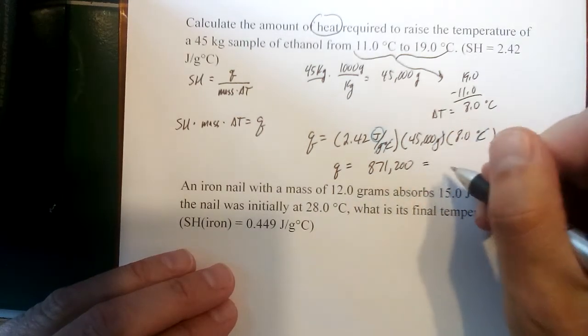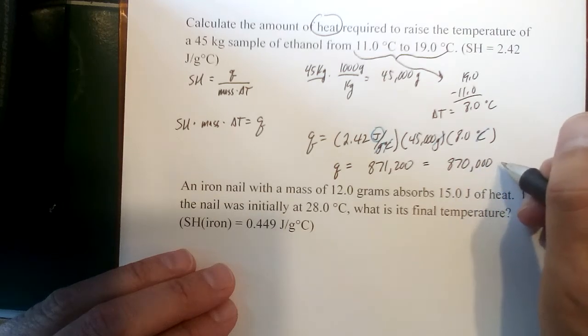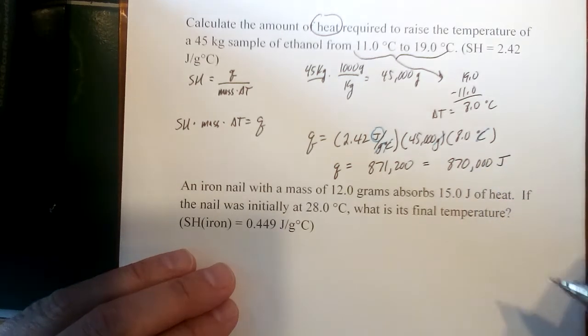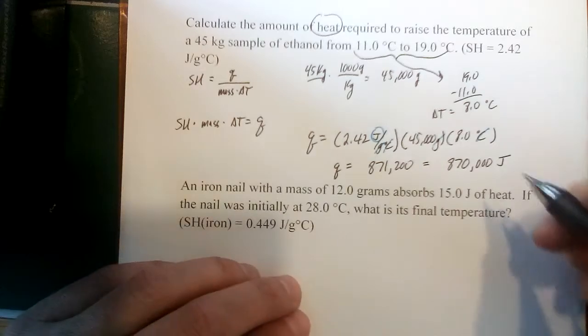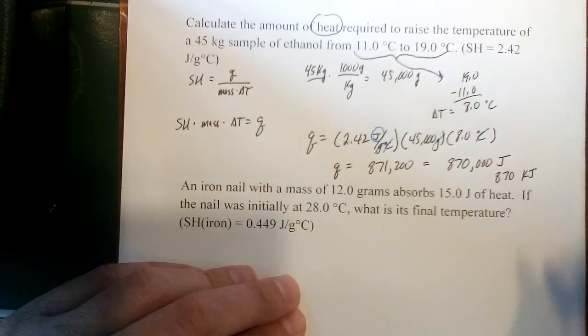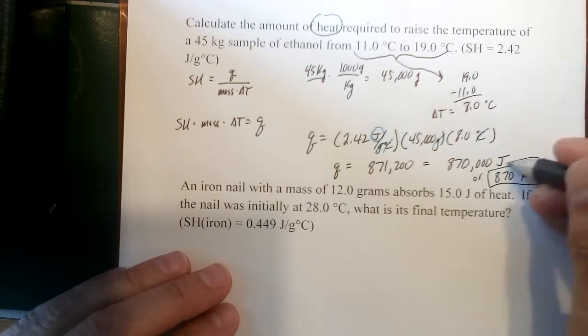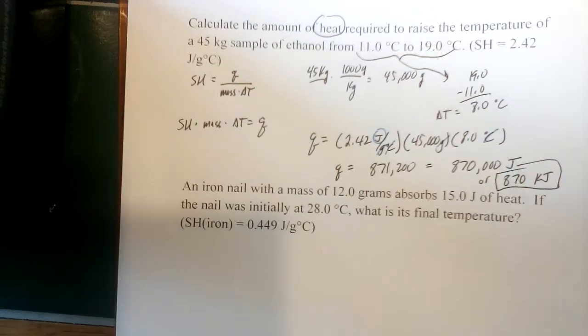So when I round this to the right number of significant figures, it would be 870,000 joules. Now, 870,000 is a big number, so it would be a little more common to refer to that as 870 kilojoules for our final answer there. Although it just says heat in this case, so either answer would be acceptable.